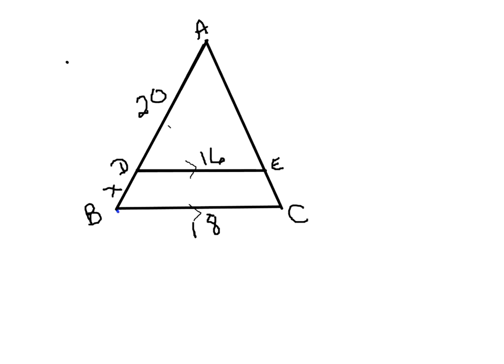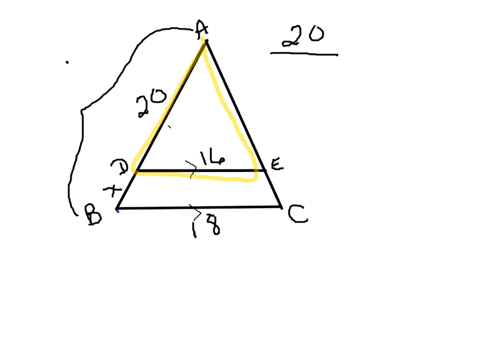Okay, since I have the bottoms again, I am definitely looking at similar triangles. So let's start with this triangle right here. The 20 corresponds to the 20 plus x. Or if I don't want to do it that way, I can say it corresponds to this piece right here along the bigger triangle, which is just AB.